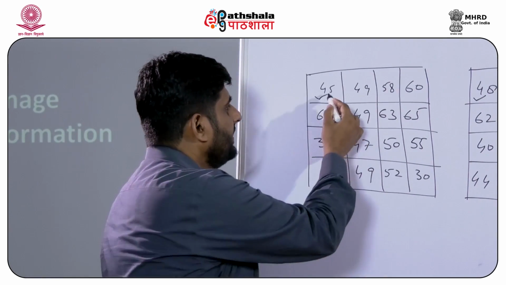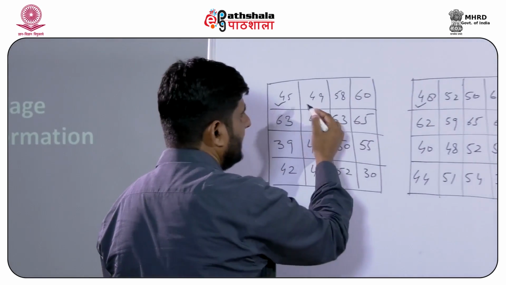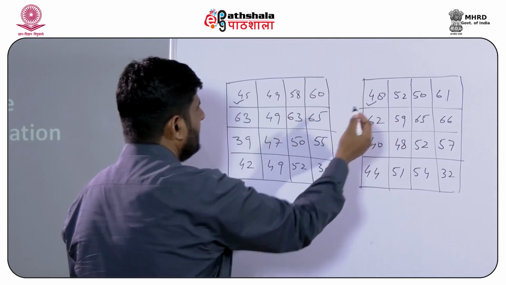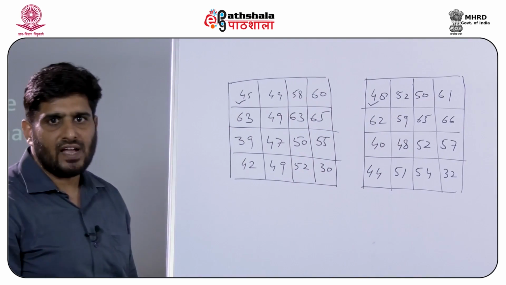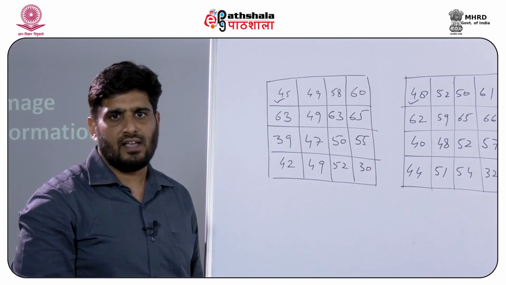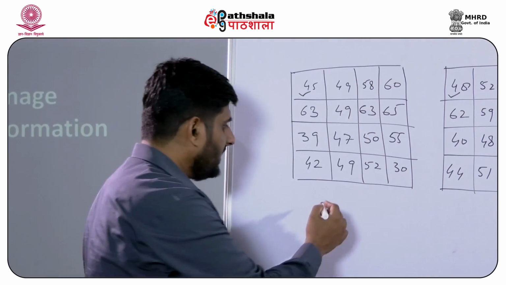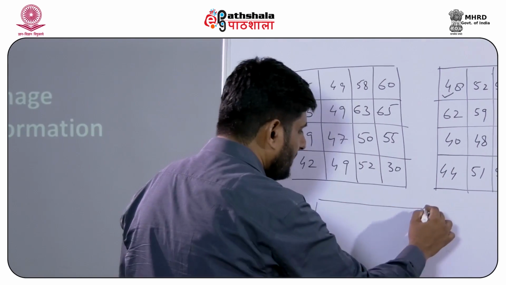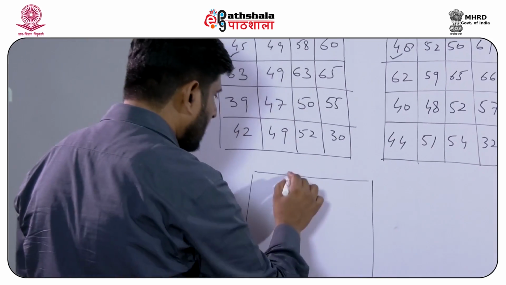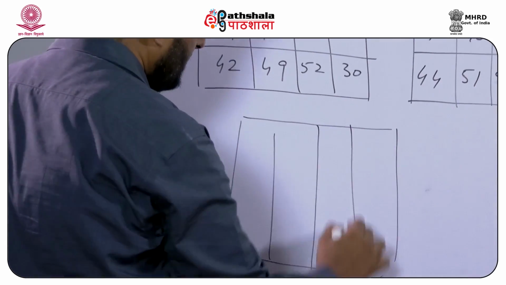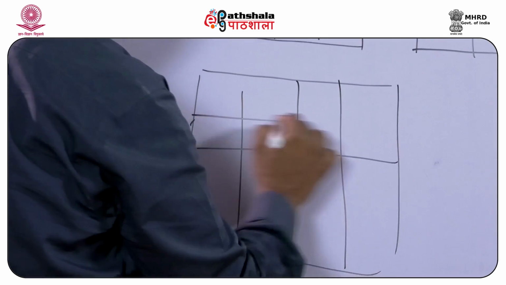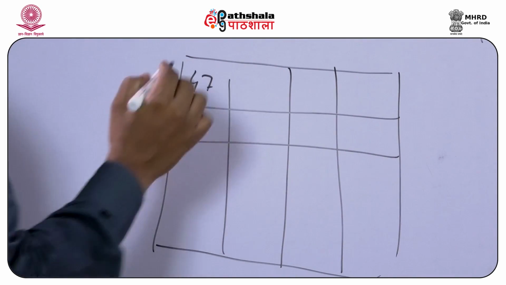For example, if we take the average of 45 and 48, the average must be 46.5. But we can take that as an integer value, and we can say that the averaged image would contain the pixel value equal to 47 here.